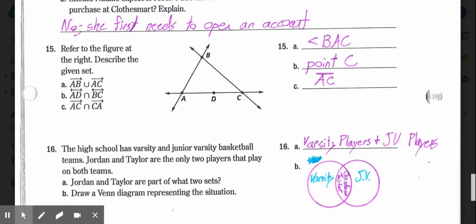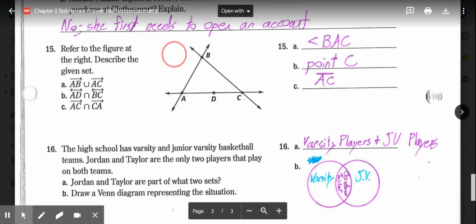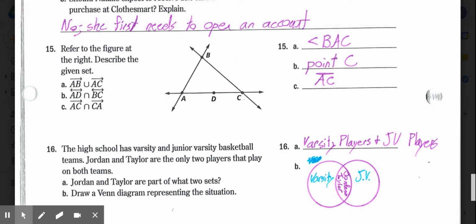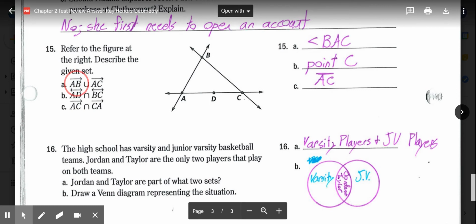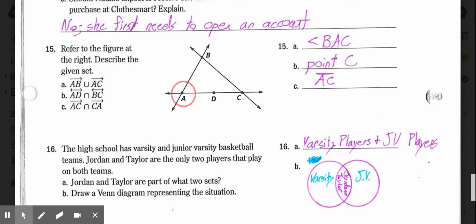15, A, B, and C, we're dealing with unions and intersections. And we're looking at this figure here. So part A says, the union of ray AB, so starting at A, going toward B forever, and the union of AC, so starting at A, going to C forever.